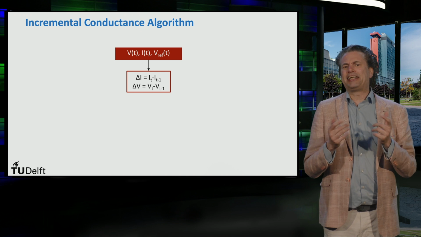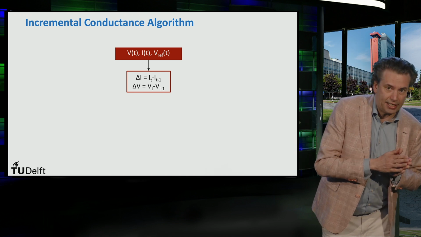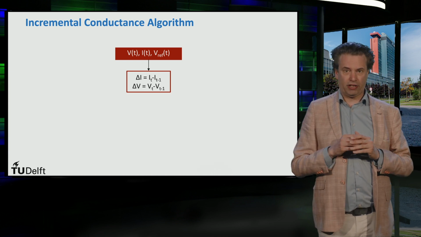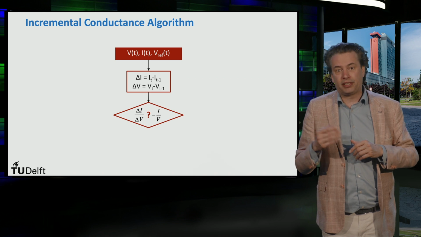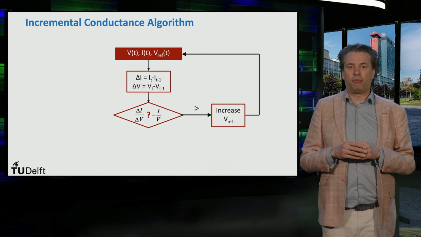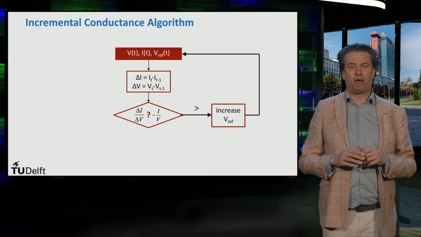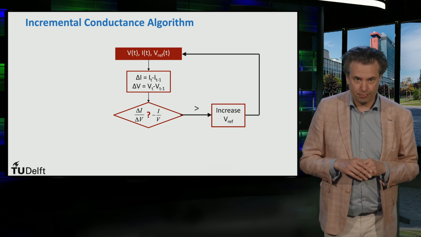For any change in the operating point, the algorithm compares the instantaneous and incremental conductance values. If incremental conductance is more than the negative of the instantaneous conductance, this means the current operating point is to the left of the maximum power point. Consequently, Vref is incremented.